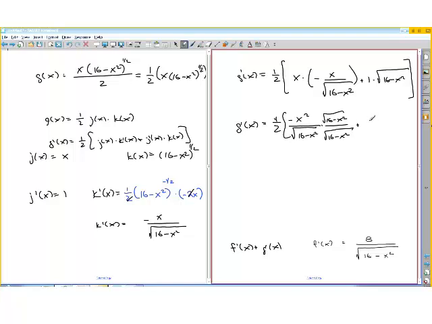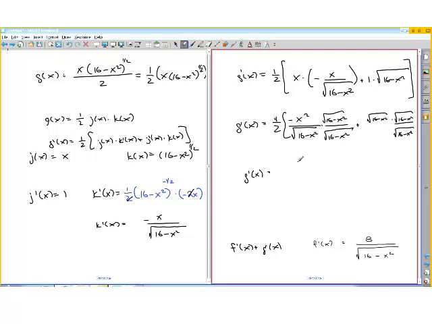And then we get the square root of 16 minus x squared times the square root of 16 minus x squared divided by the square root of 16 minus x squared. And so this numerator becomes, you multiply these together, you get 16 minus x squared.